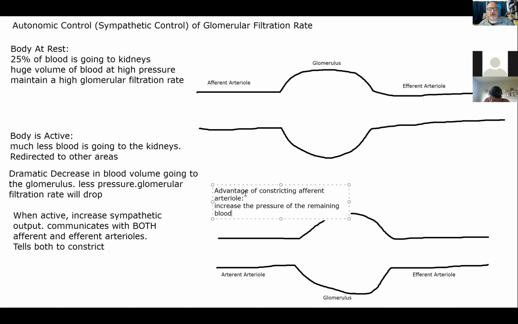So we have less flow, right? There's less blood coming in here, but we can increase the pressure. And that is going to help to maintain the glomerular pressure by constricting the afferent arteriole.